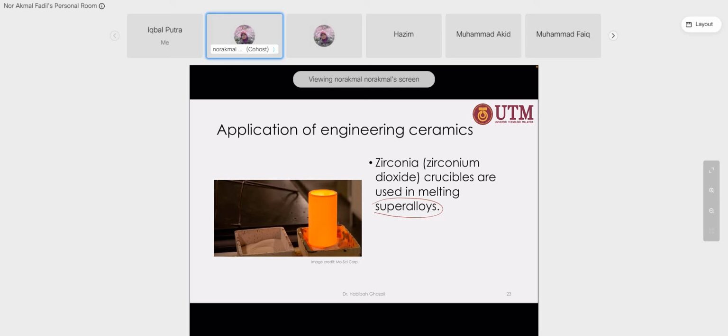So you cannot use a normal crucible. You need a high melting temperature crucible, container, or mold. Zirconia is usually used to melt the superalloy. Ceramic crucibles are chemically and physically stable at high temperature.